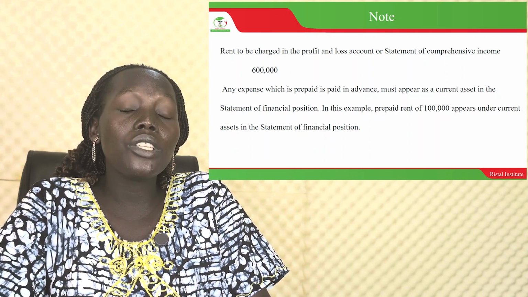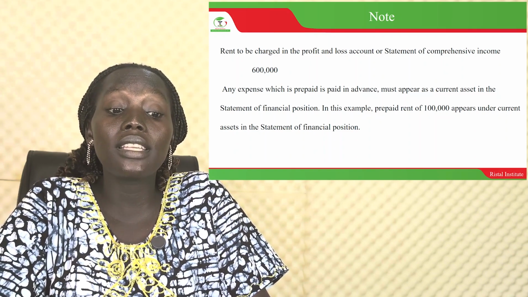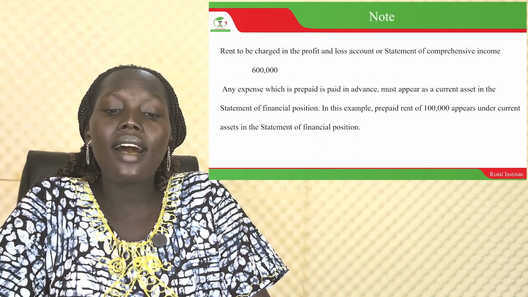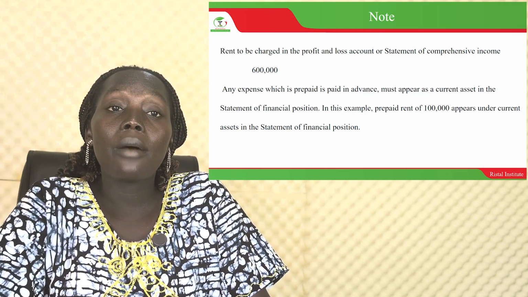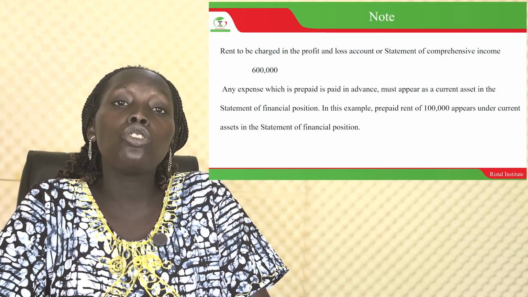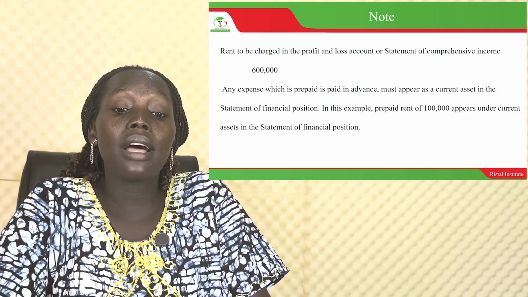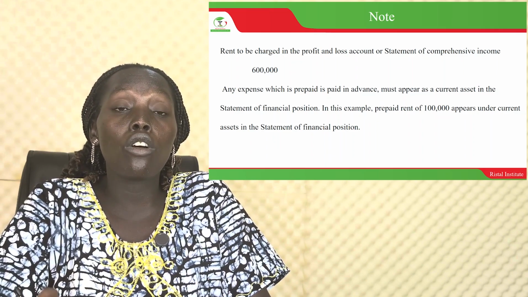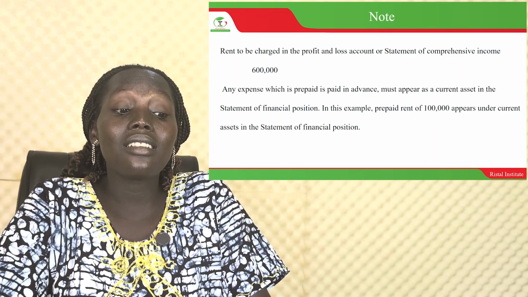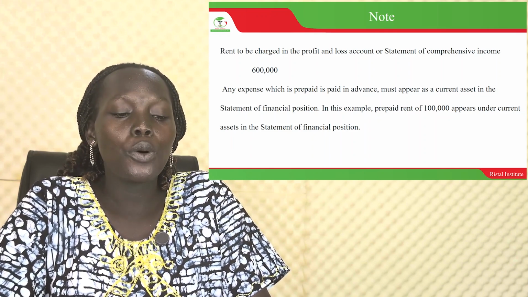So any expense which is prepaid, which is paid in advance, must appear as a current asset. This is your asset, since it is still your money that you have paid, but it is for the next month. So we put it under current assets in the balance sheet, or the statement of financial position.